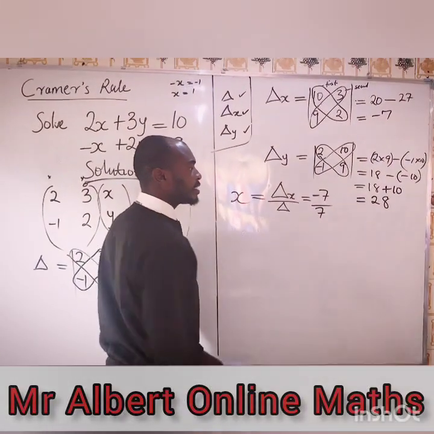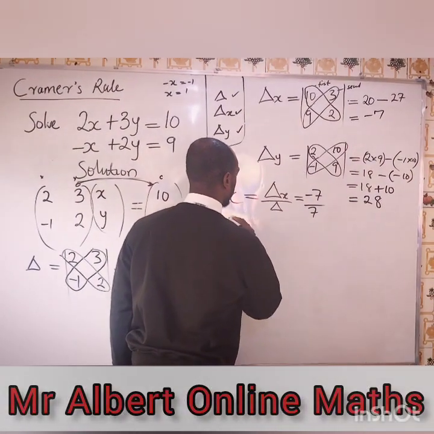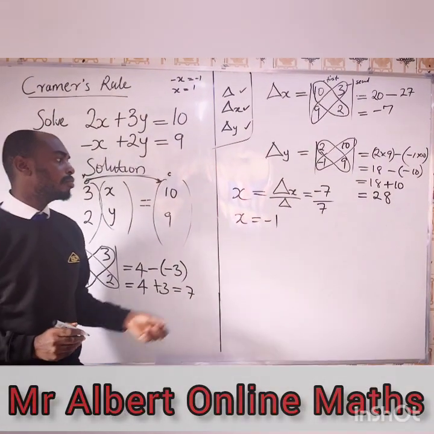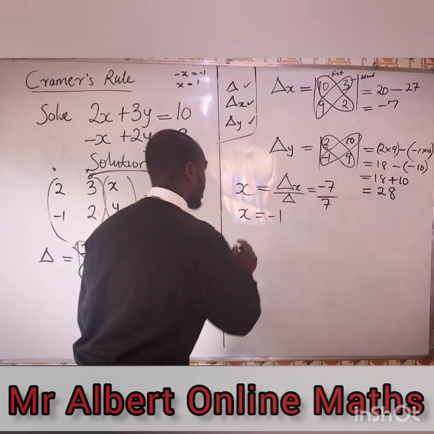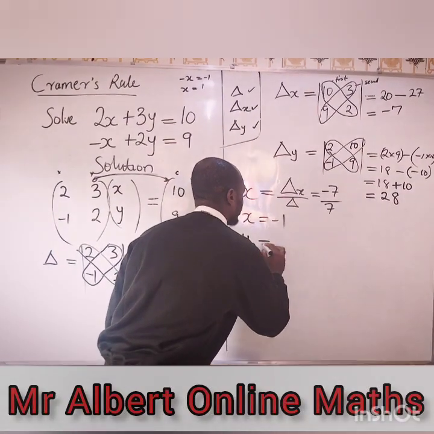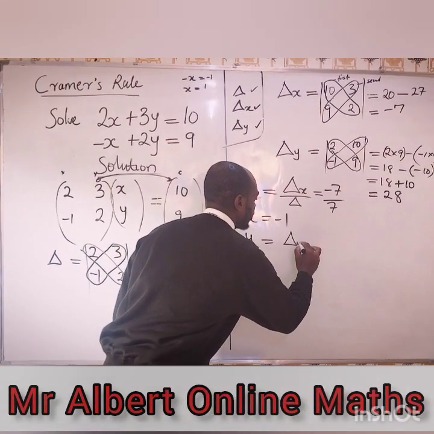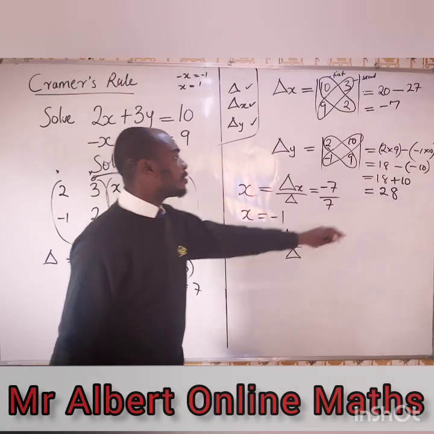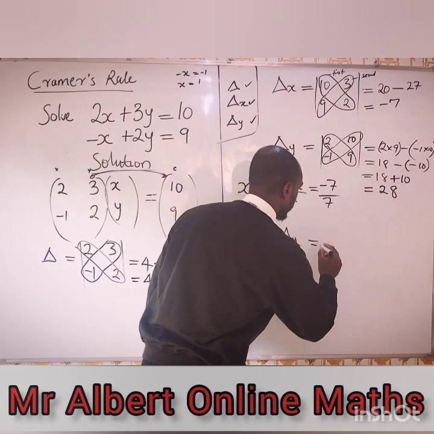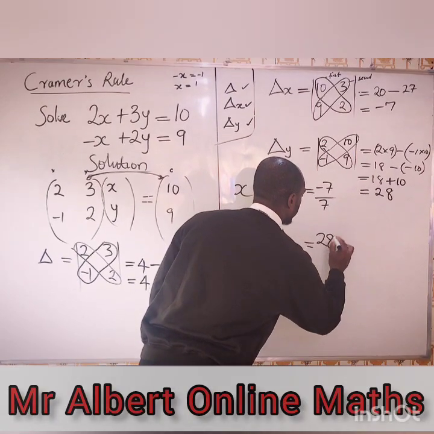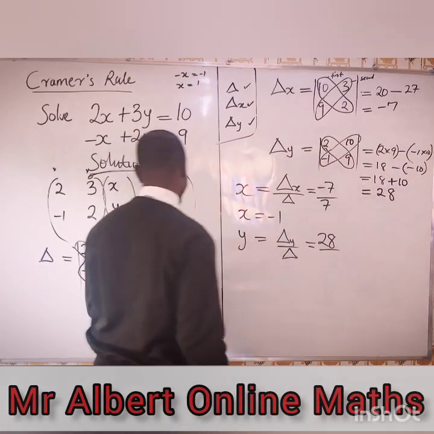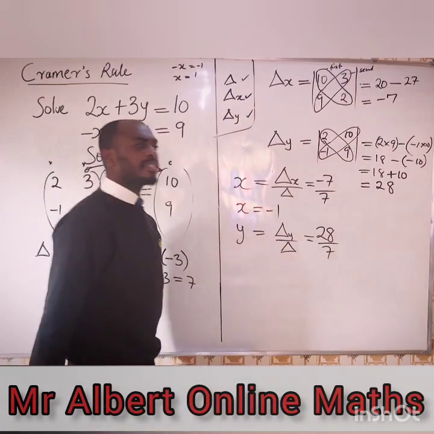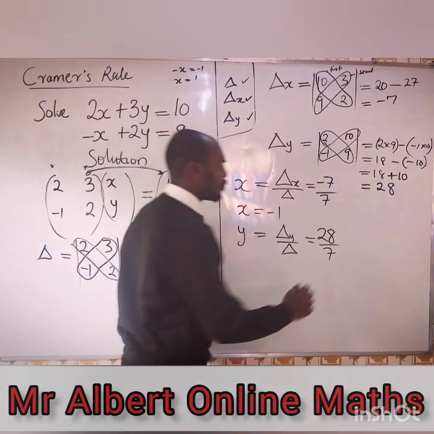Negative 7 divided by 7, the answer gives us negative 1. So we found the value of x. Now to find the value of y, we pick determinant of y all over determinant. Determinant of y we calculated 28. Determinant we have here 7. 28 divided by 7 equals 4.